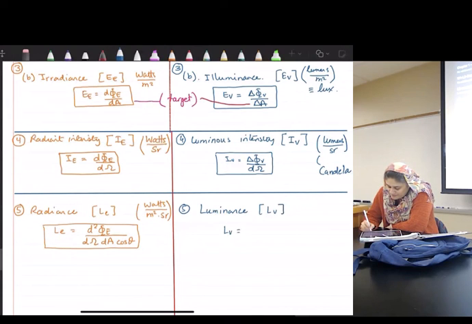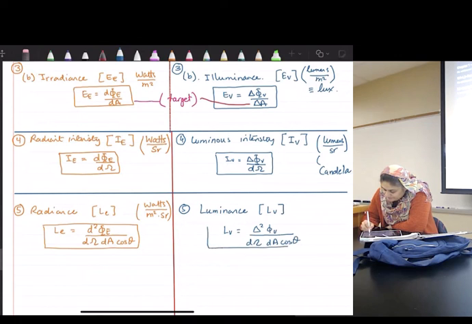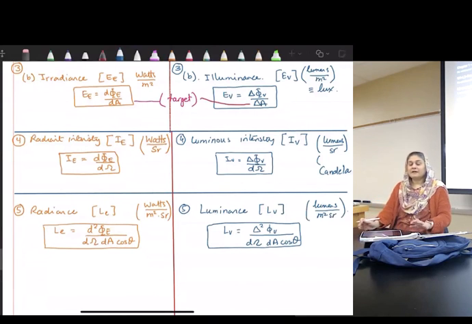The LV formula will be delta squared phi E, no, not E, V, right? Phi V over delta omega dA cosine theta. And the units for this one will be lumens per meter squared steradian. I think this is a table worth making.